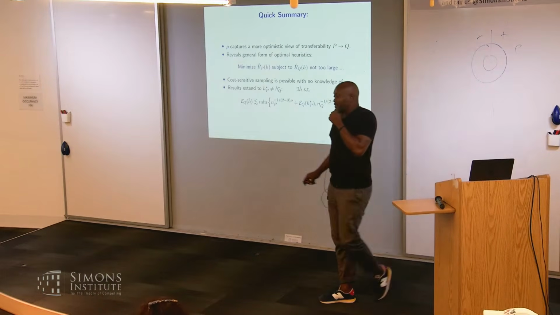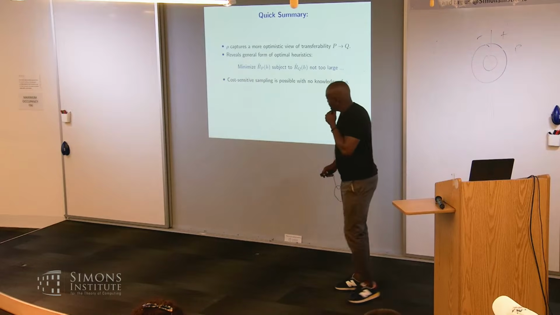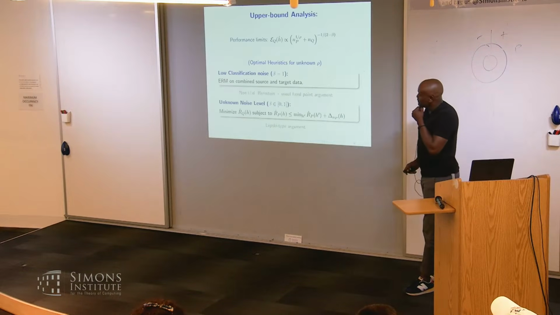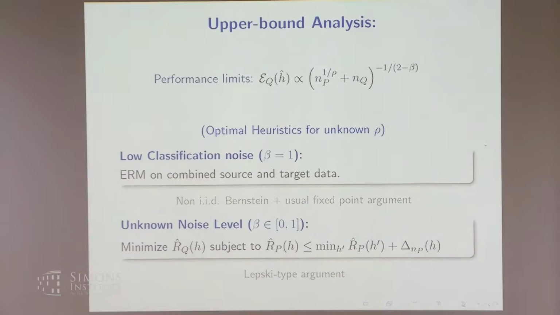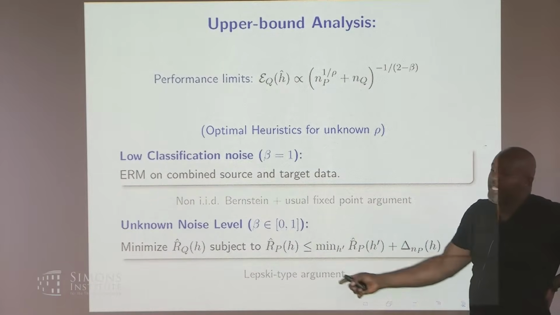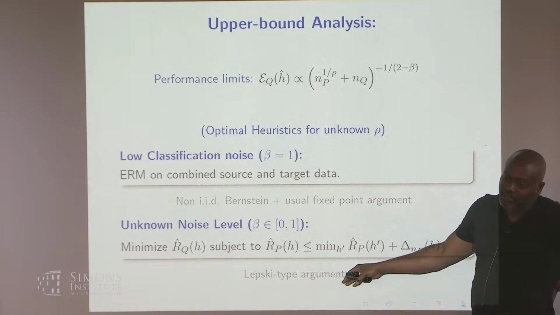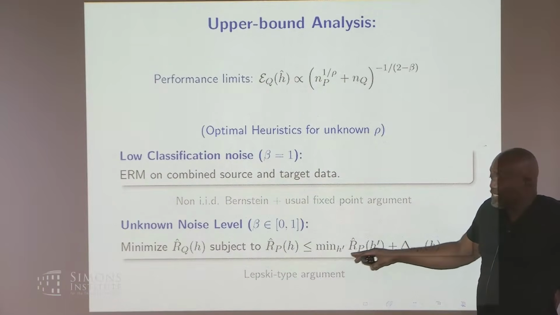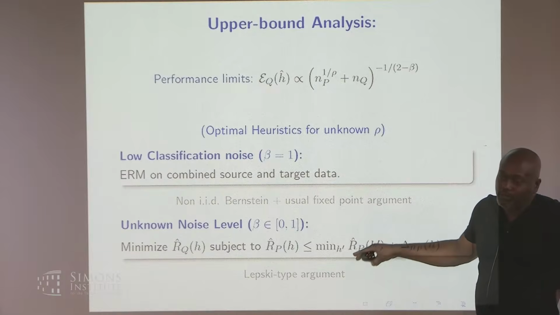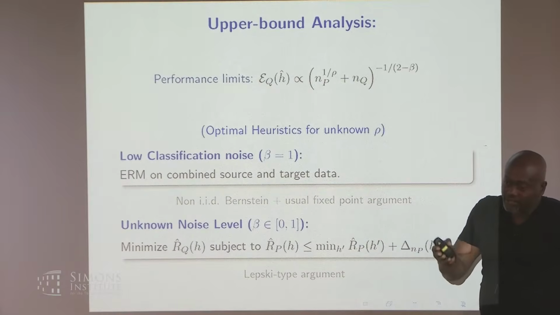Okay. Quick question about the previous slide. Does this give you a classifier that optimally works on P as well? This procedure is only focusing on working well on Q. But because you return only out of a ball for P, that ball is essentially retaining good classifiers under P, so yes.